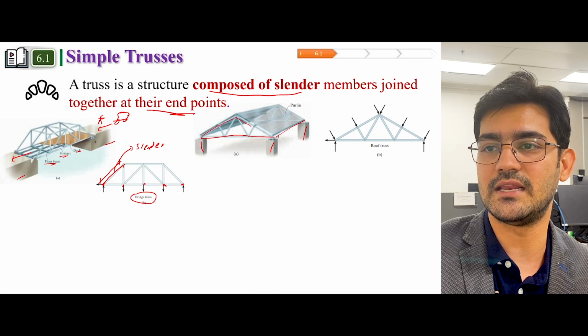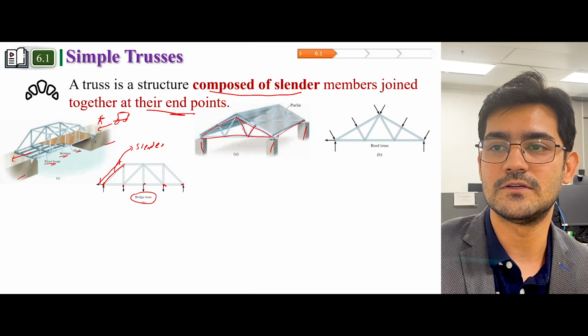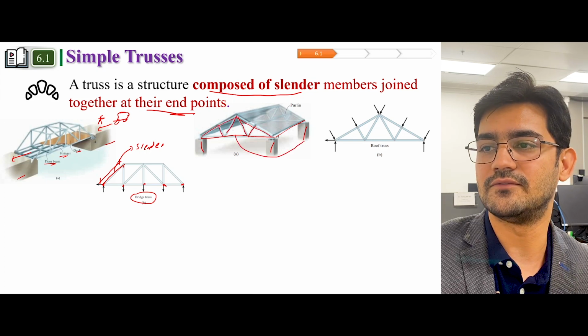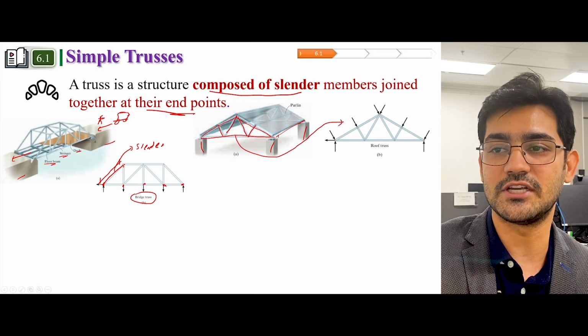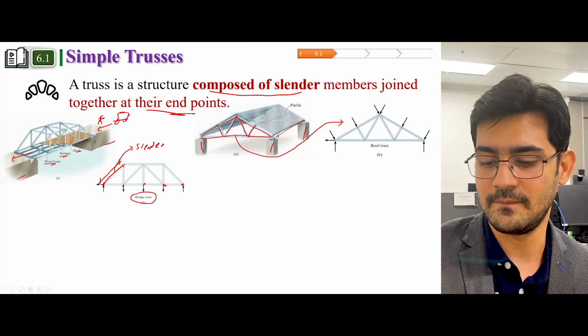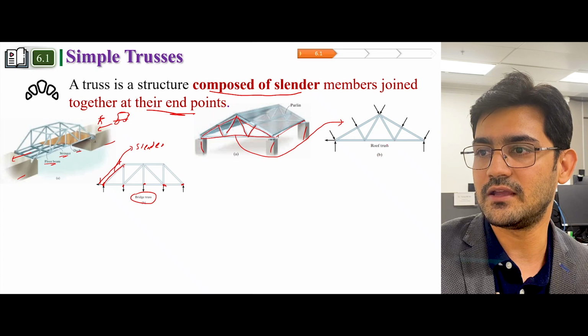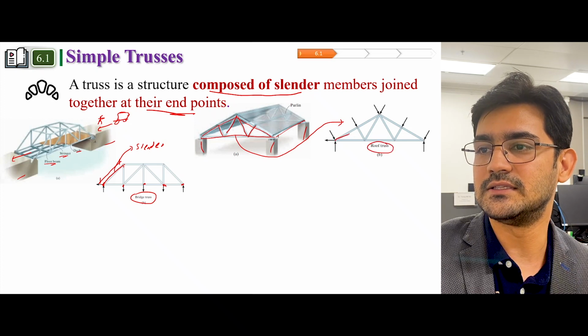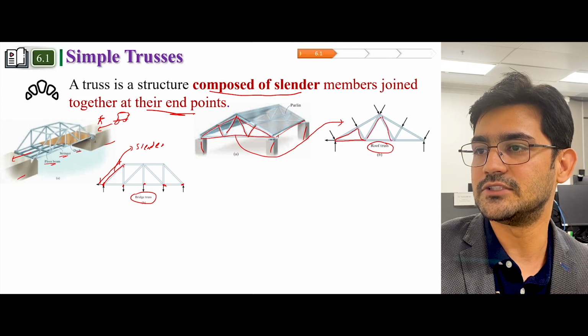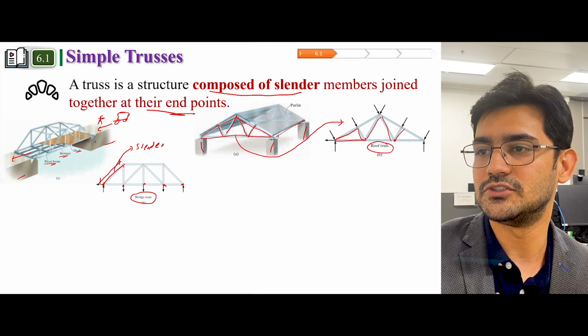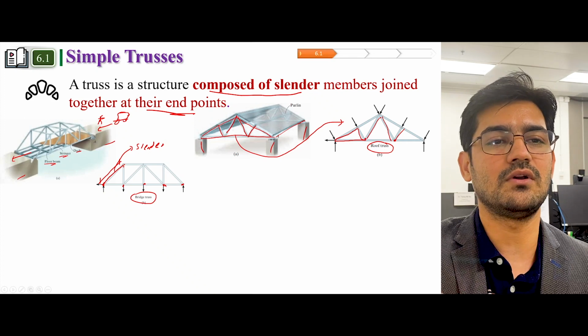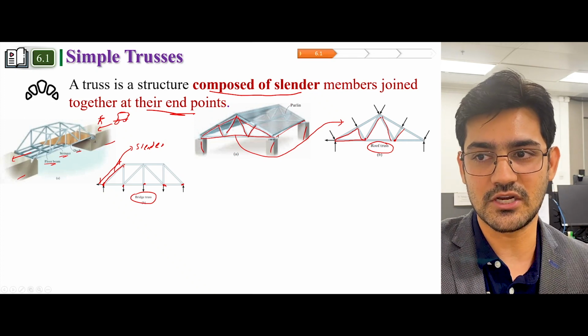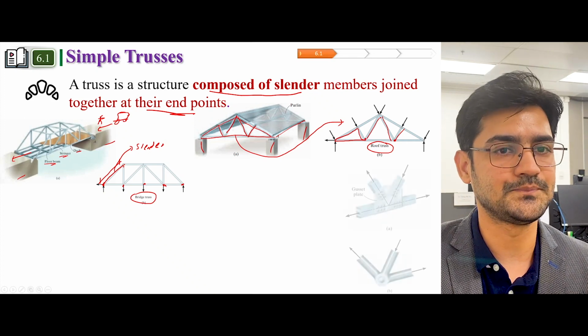I have shown the cross section of this roof here, and this is an example of a roof truss, and these are its slender members and they are joined together at joints. So this is how a truss structure is defined.